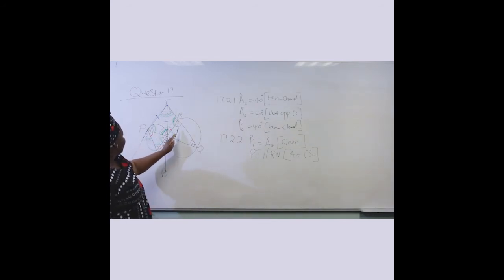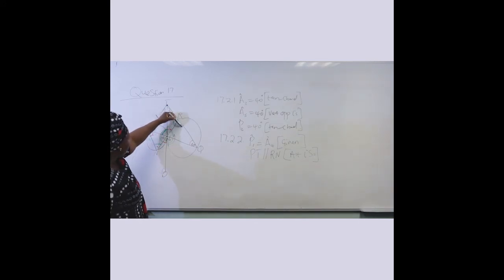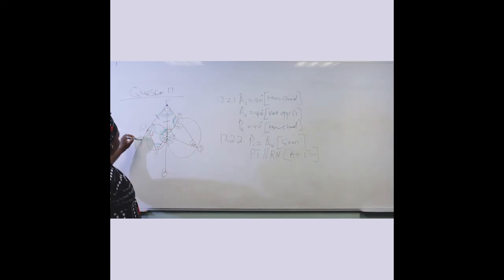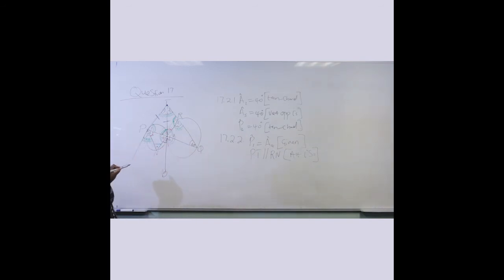Also, we have realized that this angle T, let me see if you can relate R2 with angle P, because that's what we need to get it right. If angle P is related to angle R2, it means we get to the solution.